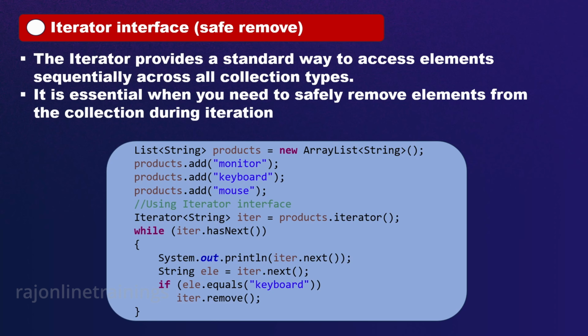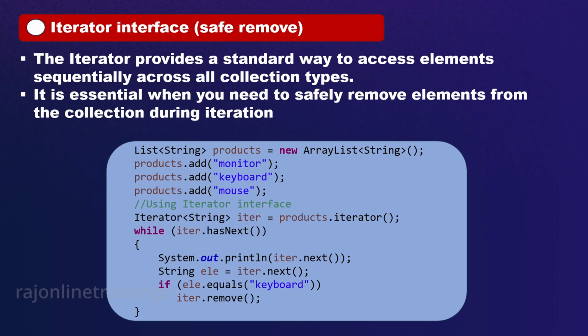Now we use a loop like while itr.hasNext(). When there are elements in the list, hasNext returns true. So this loop will repeat 3 times in this example, because we have 3 products in our list. Now we print the element: itr.next() will print the element monitor.